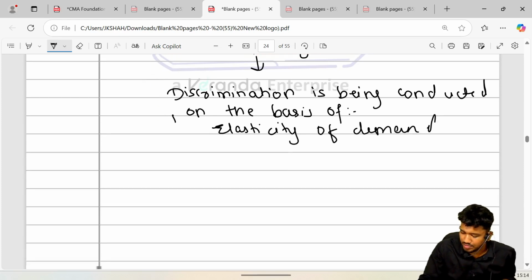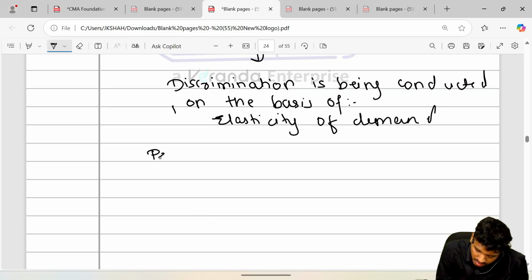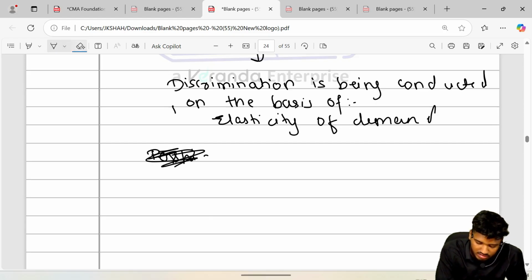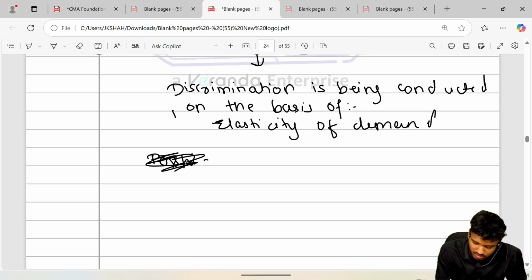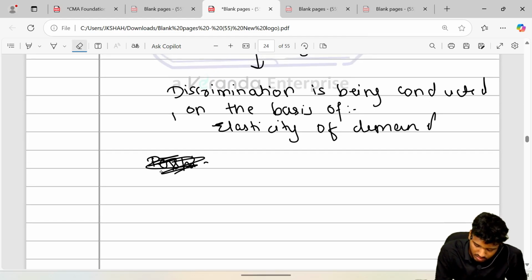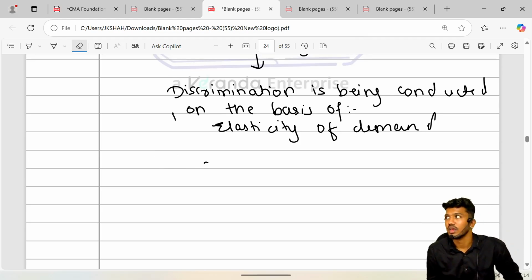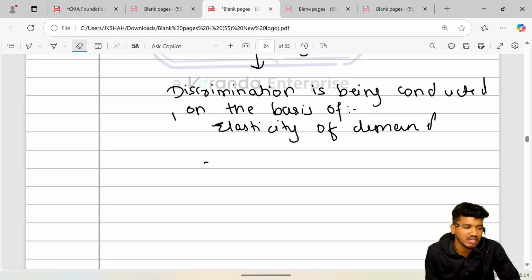Example, I'll tell you. Perishable commodity. Perishable commodity has less durability.